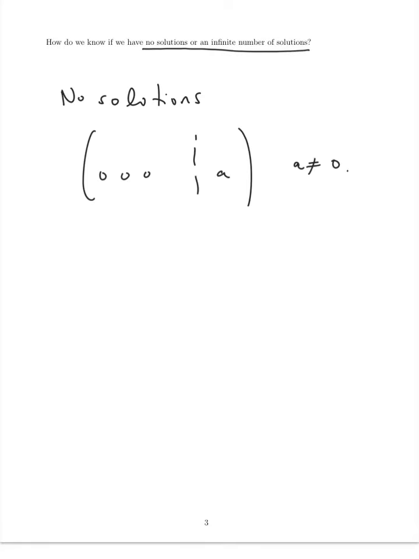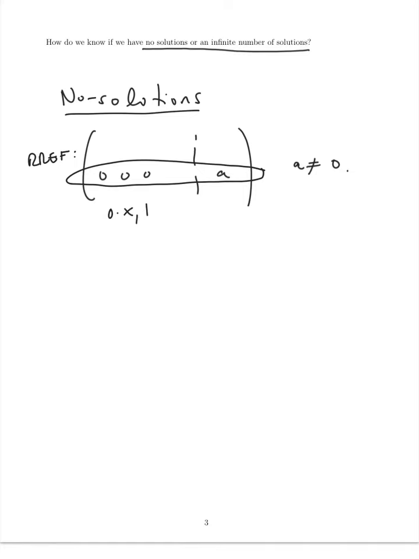We would know that the system has no solutions if, when we get it to row reduced echelon form, we end up with a row that has zeros on the left-hand side and something non-zero on the right-hand side, because this would be a contradiction. It would tell us that 0 times x1 plus 0 times x2 plus 0 times x3 is equal to a, which is not equal to 0. So clearly this has no solutions.